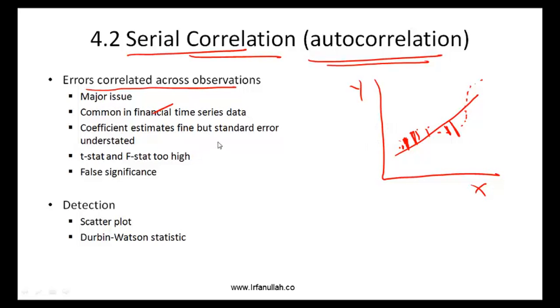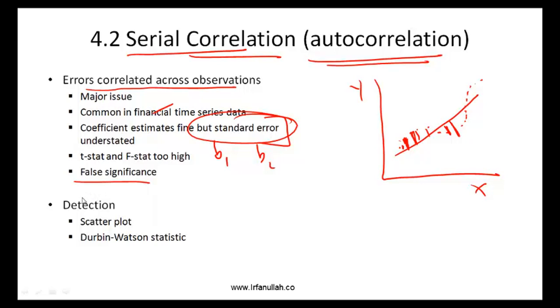What is the problem that is created by serial correlation? The coefficient estimates are fine, like the B1, B2, these estimates are fine. But again, the standard error is understated, which means that the t-stat and f-stat are overstated. And they give a false significance.